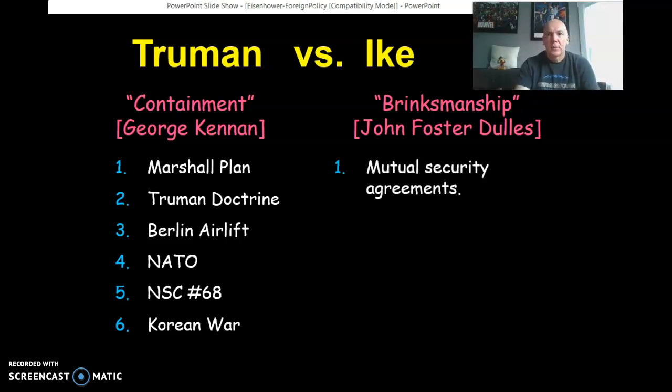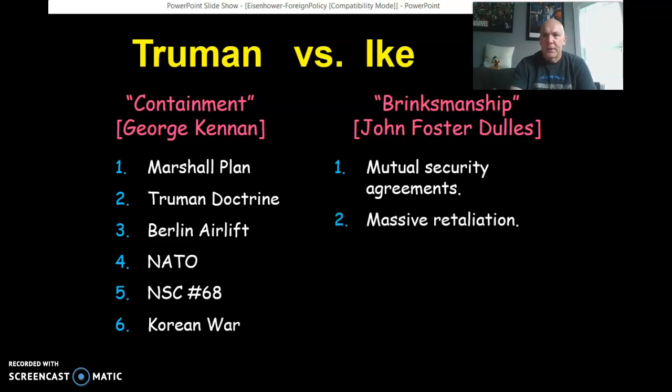Dulles and Eisenhower took a little bit different tack. Although they still supported NATO, they also started signing what we call mutual security agreements with individual countries. But the biggest difference, and this ties in with the concept of brinkmanship, is this idea of massive retaliation. Dulles said that the United States has this advantage in nuclear weapons.